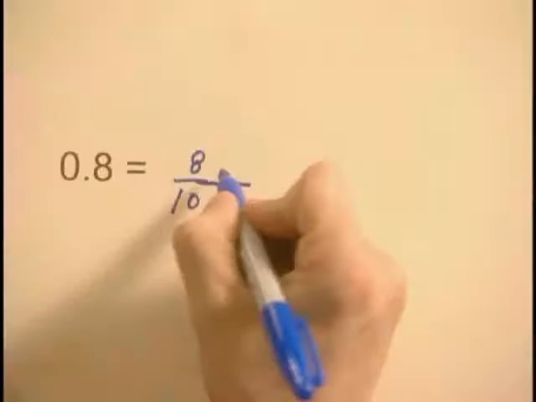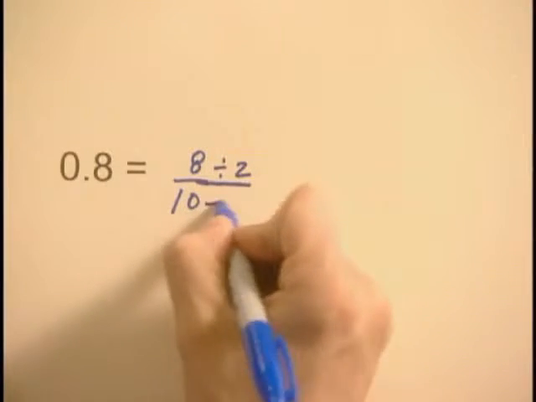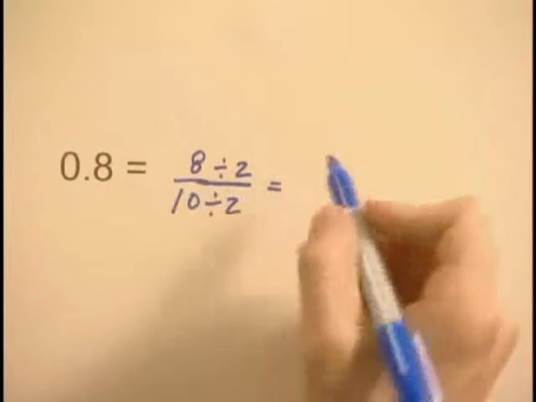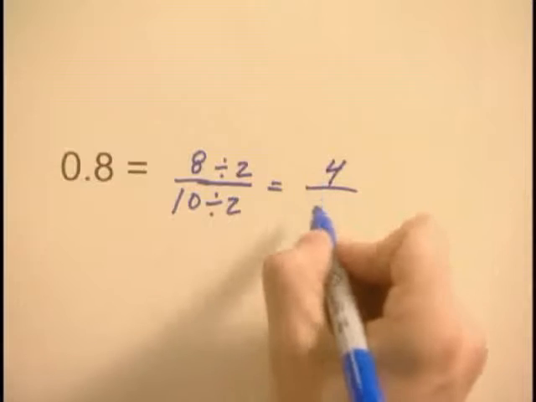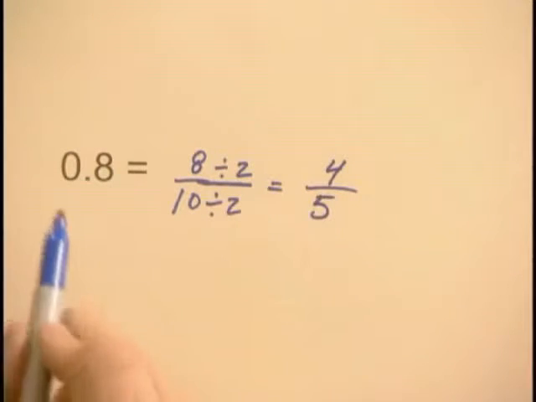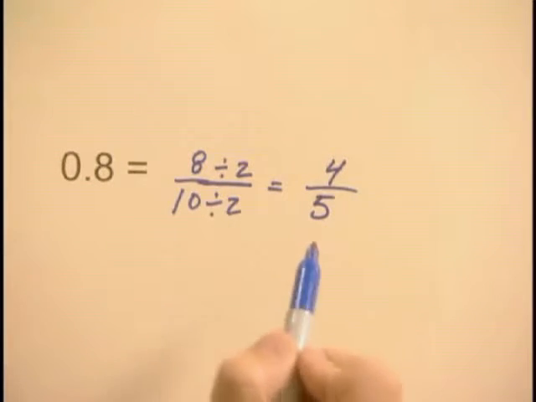Right. Absolutely. So let's divide out that 2. 8 divided by 2 gives me 4, and 10 divided by 2 gives me 5. So 0.8 equals 4/5. Just like before, 4/5 equals 0.8. So now we know how to change a fraction into a decimal and vice versa.